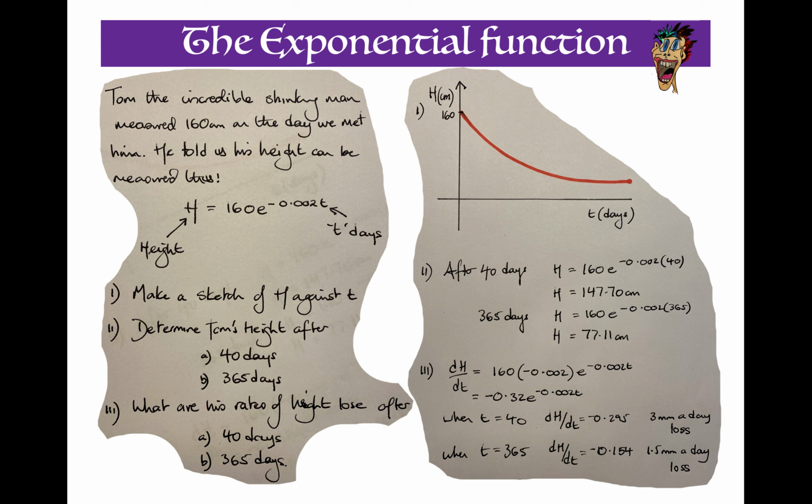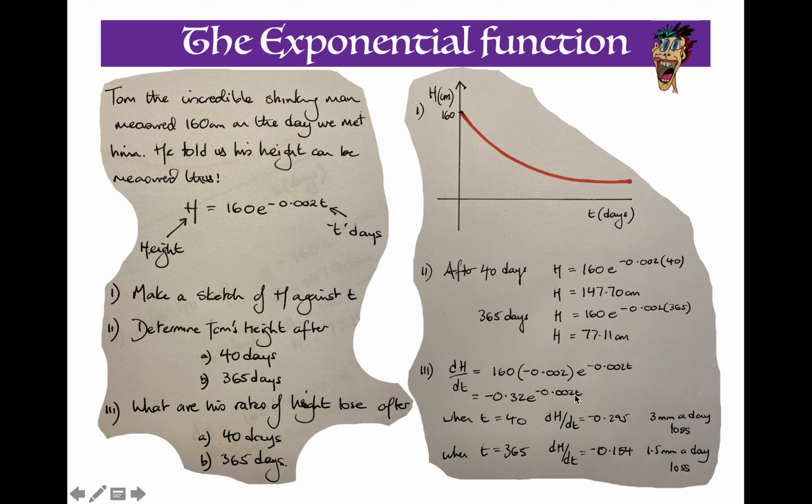What's his rate of height loss? Again, rate of change, so it's calculus, and we have to differentiate the equation. Differentiating, again it's an exponential, so the constant drops down, and we now get the coefficient of negative 0.32 e to the negative 0.002 t.